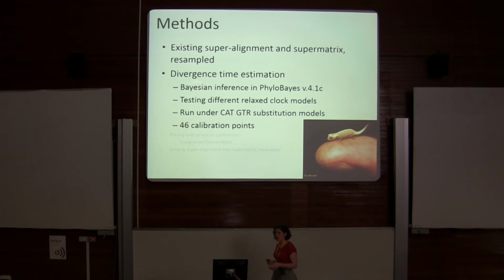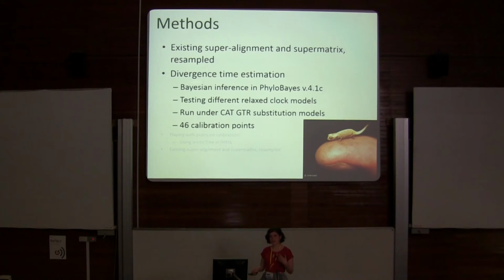And I'm looking at this using Bayesian methods in phylobase. So I built my own tree. And then I'm using molecular clock methods to estimate divergence times and see when in the history of squamates they have had times of particularly high diversification.